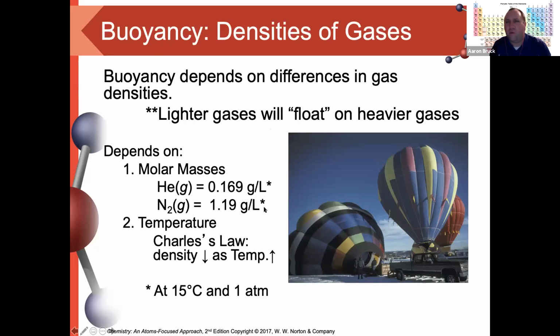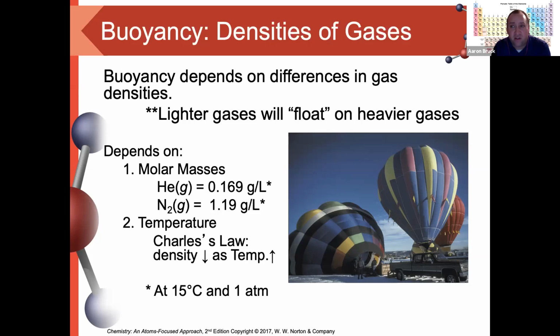One of the most common applications of this is our idea of buoyancy, in particular of gas buoyancy. When we talk about gases, while we do say that gases will uniformly mix with each other, one important thing to note is that gases, based upon their mass, do have a tendency to congregate in certain areas of a container as opposed to being truly and fully random in their motion.